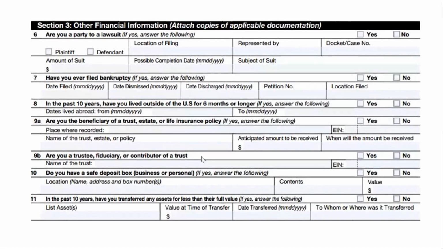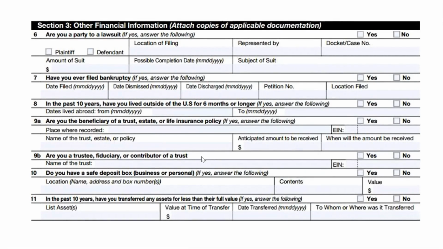Yes, those still exist, and people still have them. Safe deposit boxes are great places to hide securities, cash, small but high value items like diamonds and rubies and emeralds, things like that.